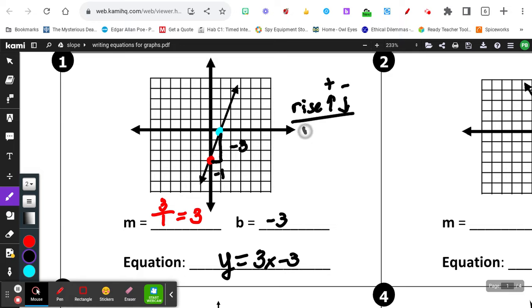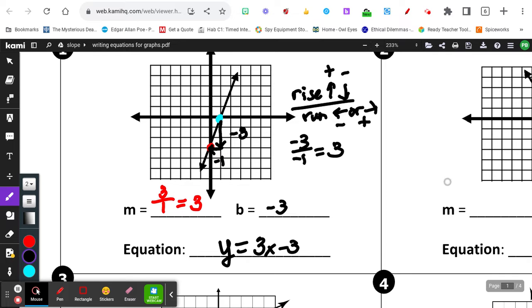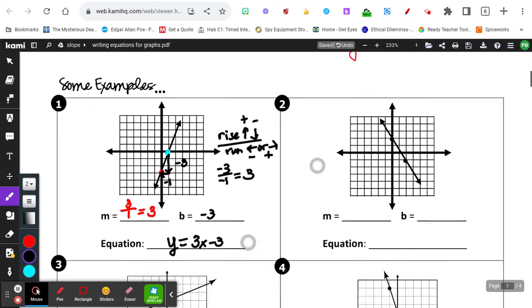Goes down, and it's negative. Run can either go left or right. If it goes left, it's negative. Right is positive. But in this particular case, we went down first from the blue to the red, and then we went left 1, that's -1. You still get +3. I don't care which way you draw your triangle.